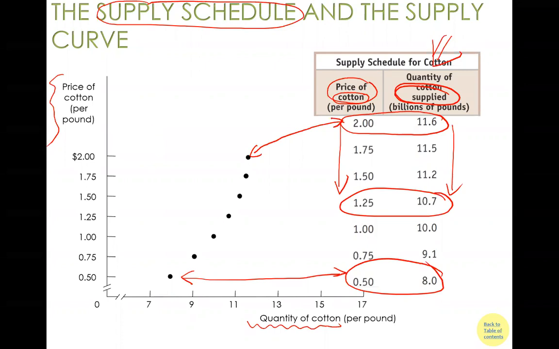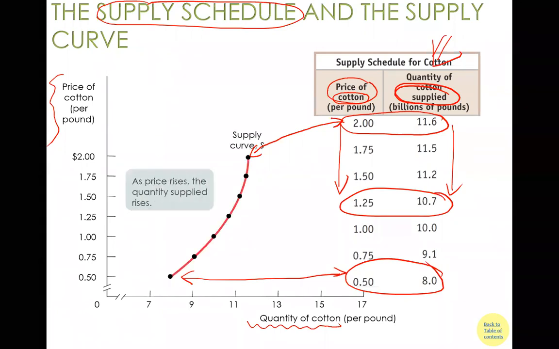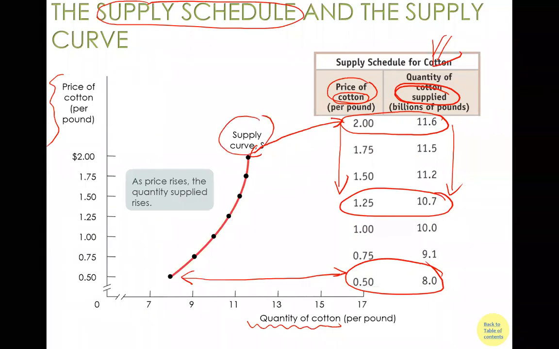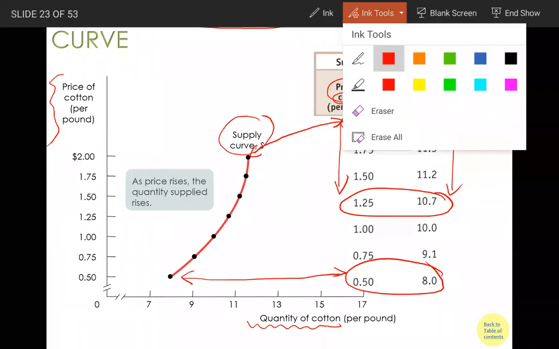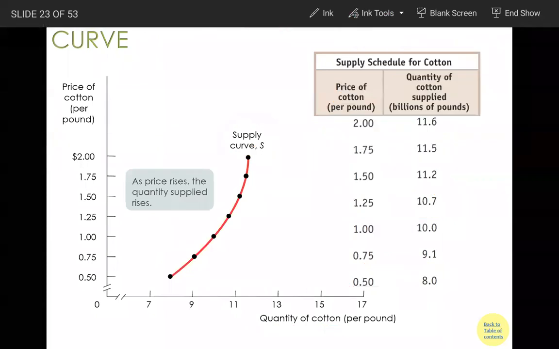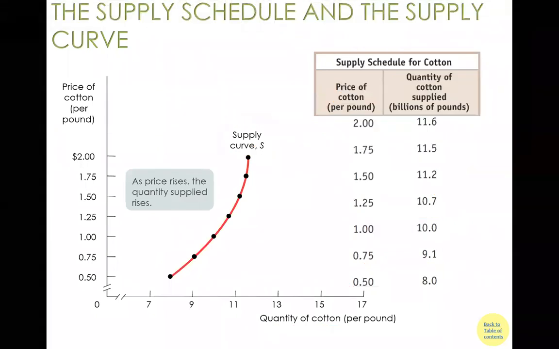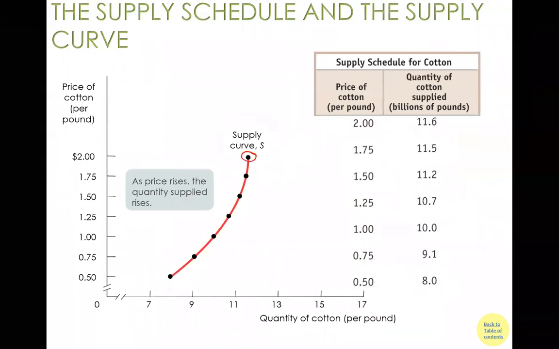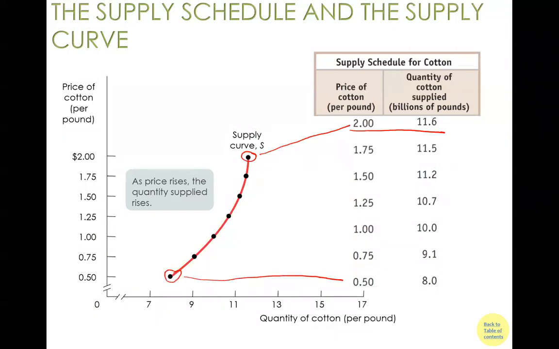Okay? And if we connect those dots, we are going to have our supply curve. Let me erase everything and make it clear to see. Okay? So let's just highlight two points. This point corresponds to the first row. This point corresponds to the last row.